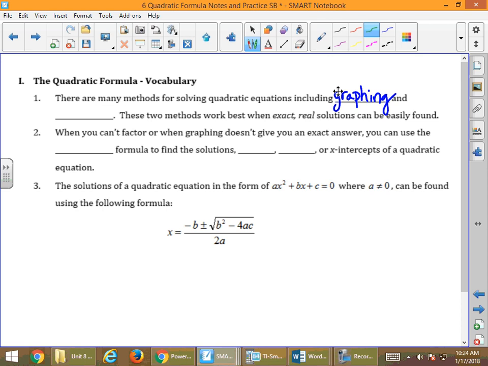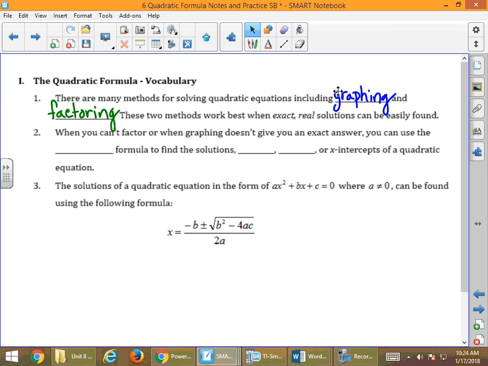We also have solved by factoring. Those are 2 methods that we use to solve, and they work best when we can look at the picture and find the roots, or when we can factor the quadratic.